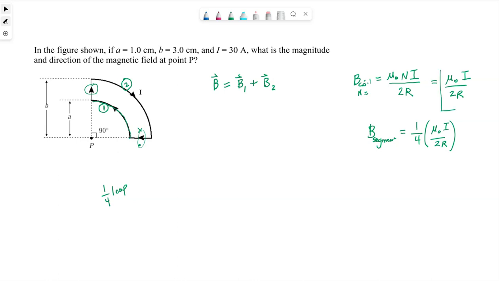So if a whole loop of wire carrying current creates that magnetic field, and instead we only have 1/4 of that wire, then we only need 1/4 of that overall field. So our equation we're going to use is mu naught I over 8R. So for segment 1, I'm going to find these individually, then add them together.